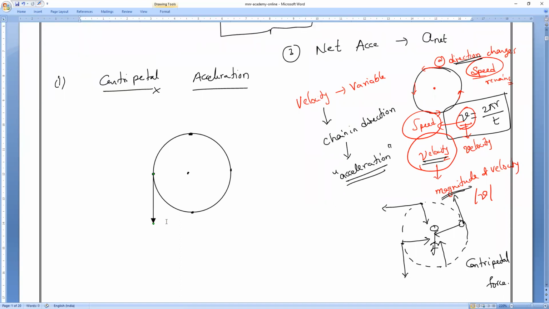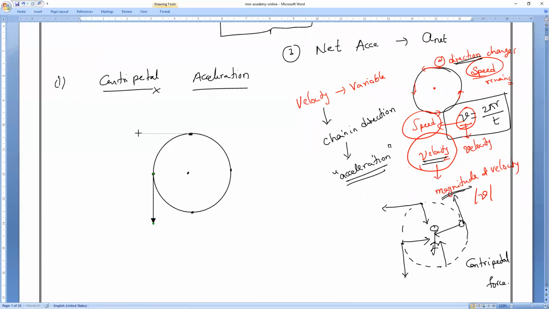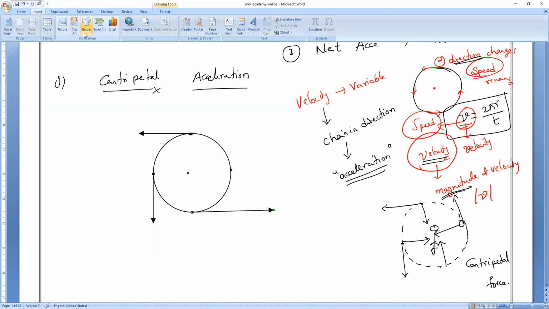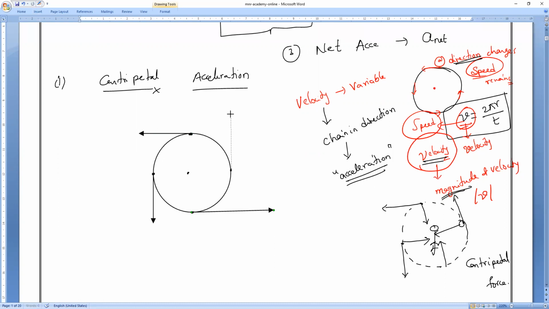At this point, it acts towards my left. At this point, it acts in this direction. And at this point, it acts upward.